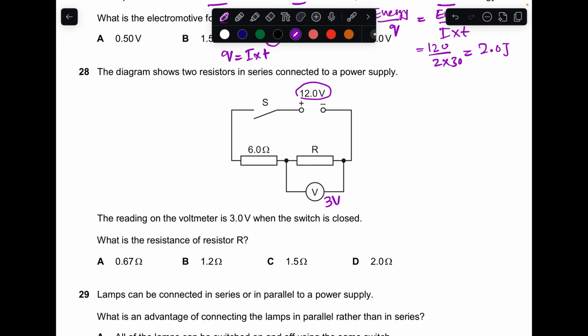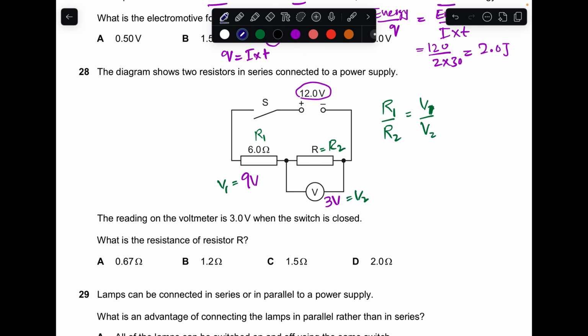Total is 12, so the other should be 9 volts. Let's call this R1, this V1. Let's call this R2, this V2. The basic relation is that the ratio of resistances is equal to the ratio of the voltages. This is only for the series circuit like this, or you can say the potential divider.